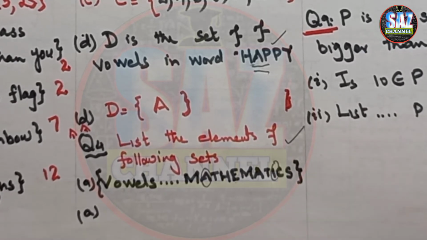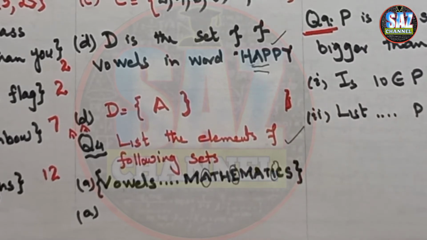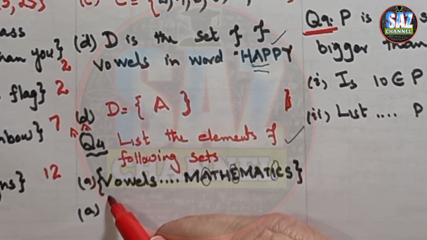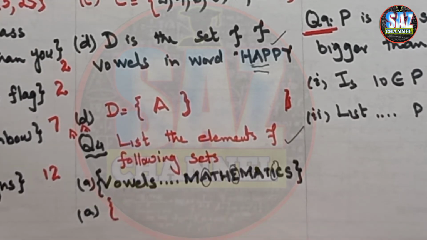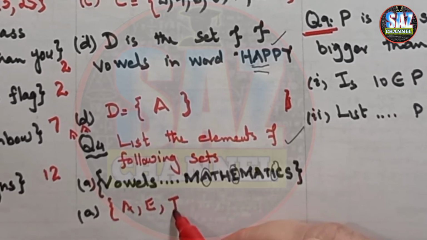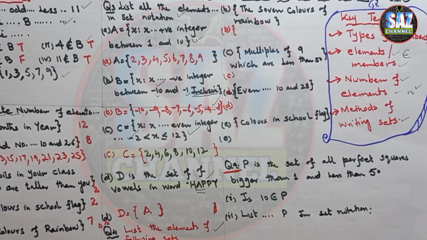So there are two vowels here, and then the third vowel is E. So the elements of this set will be A, E, and I.